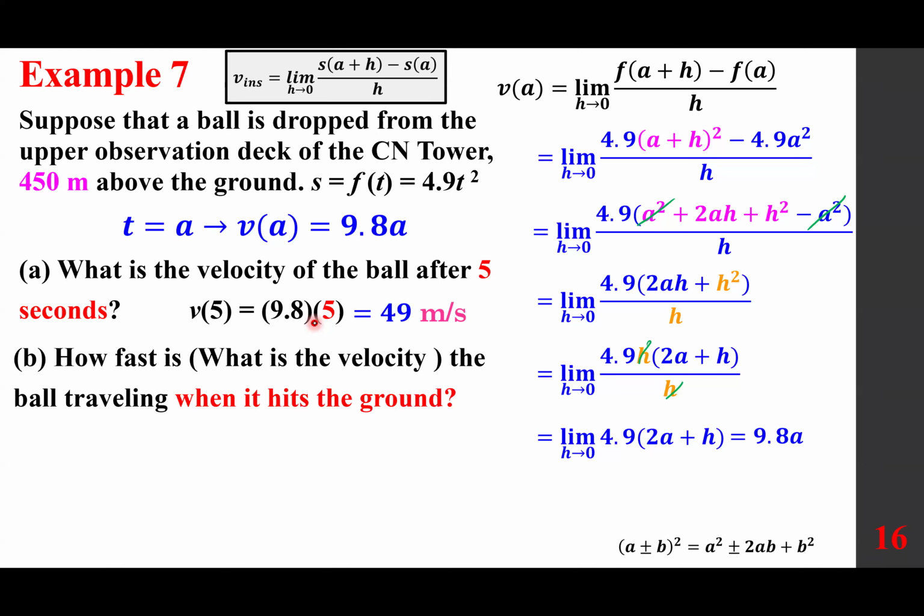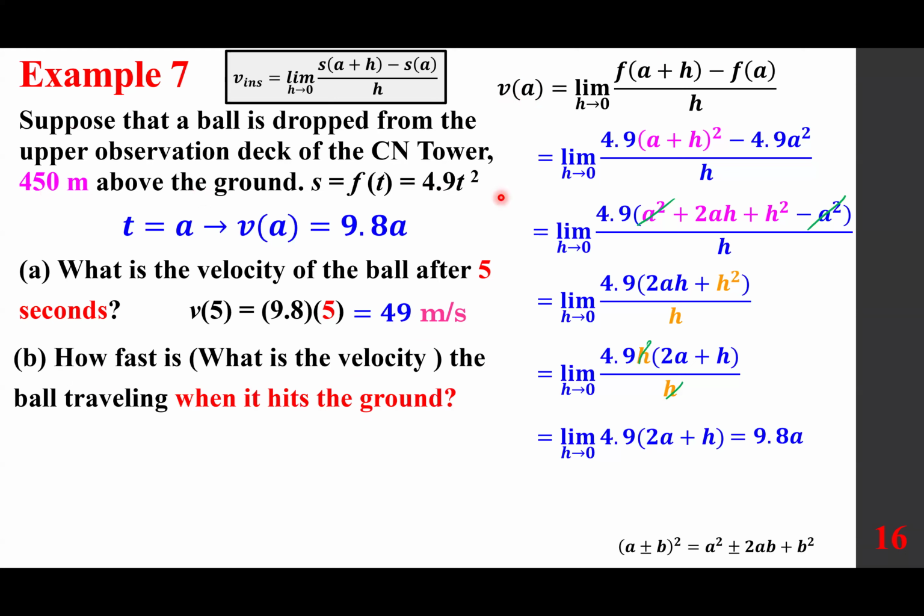If I had replaced the a with 5 here and gone through the process, I would get the same answer. However, for this part, I have to find the t first. Let me do that. To find the t, remember, it's going to travel 450 meters and follow this formula.